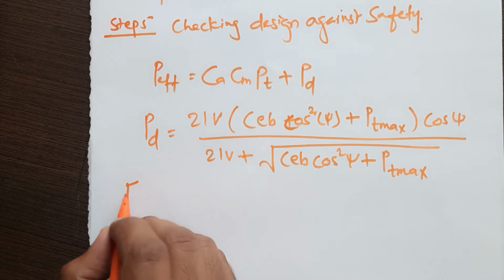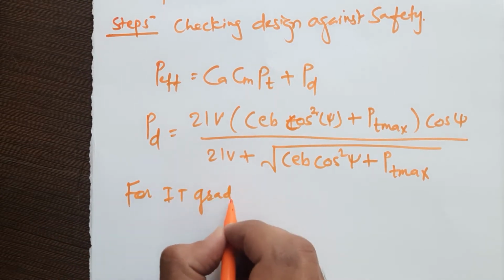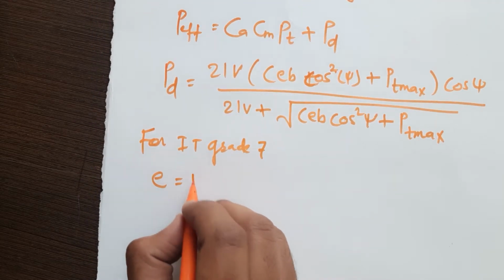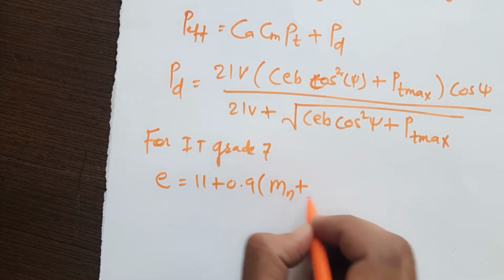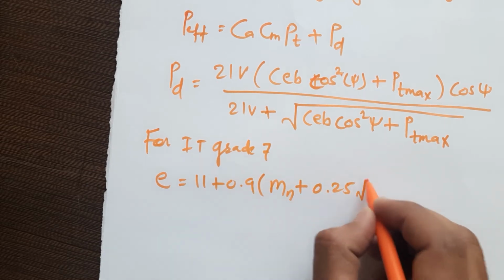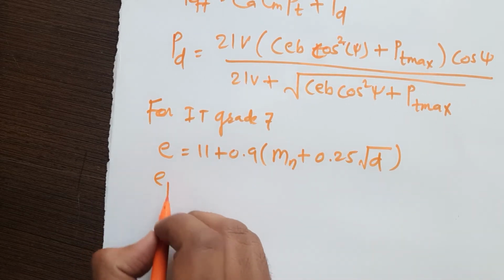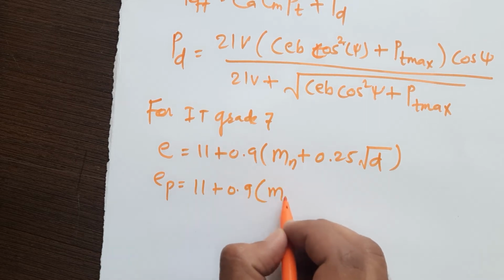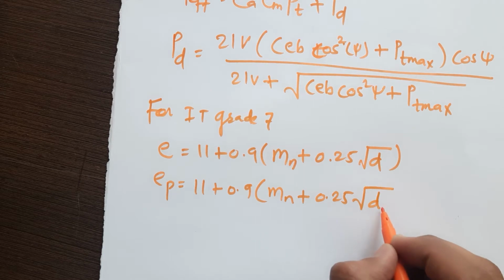For IT grade 7, E is equal to 11 plus 0.9 (mn plus 0.25 under root d). Now here EP and EG we need to calculate. So EP will become 11 plus 0.9 (mn plus 0.25 under root dp).